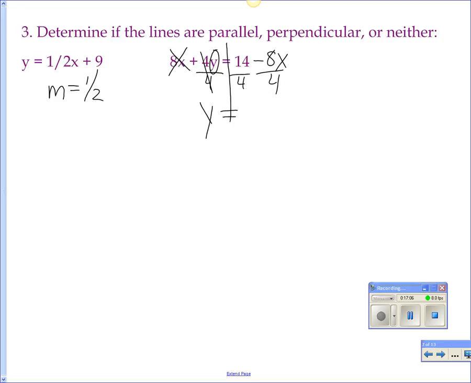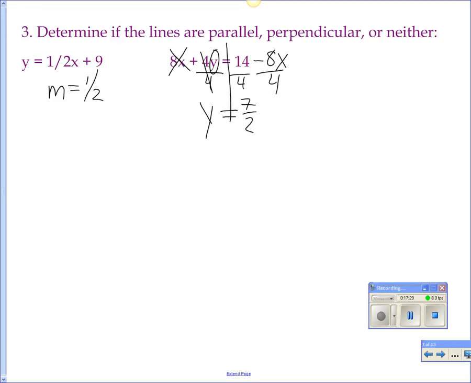All right, so you get y equals, Bishop, 14 divided by 4. Type it in your calculator for us. 14 divided by 4. And then you have to do math, enter. 7 over 2.